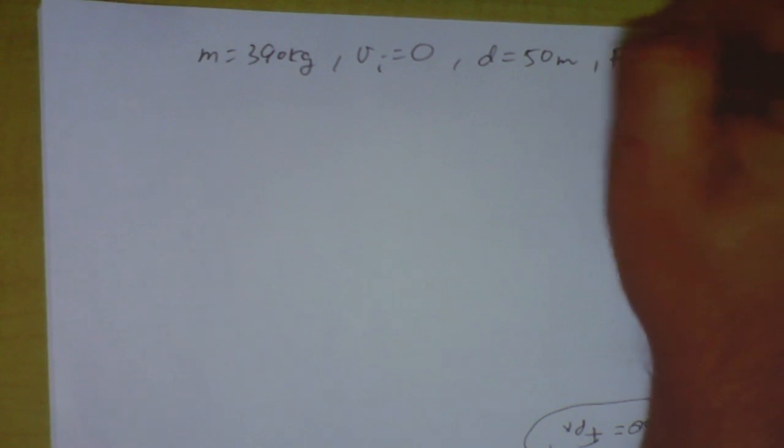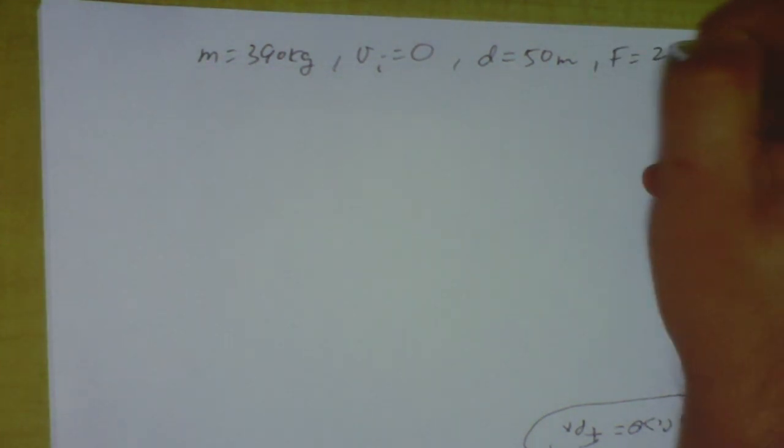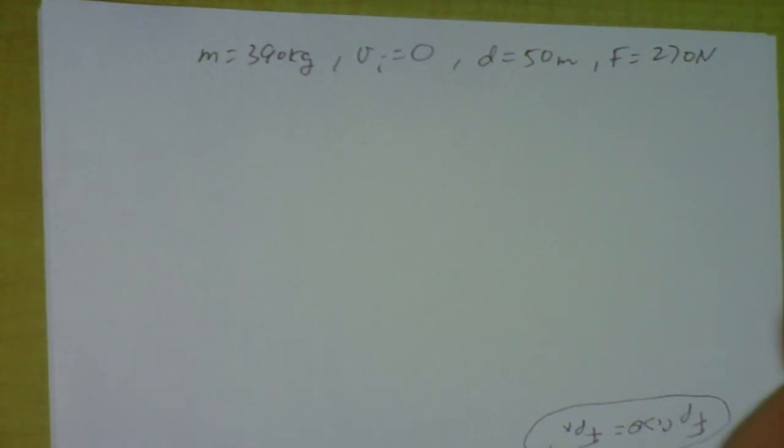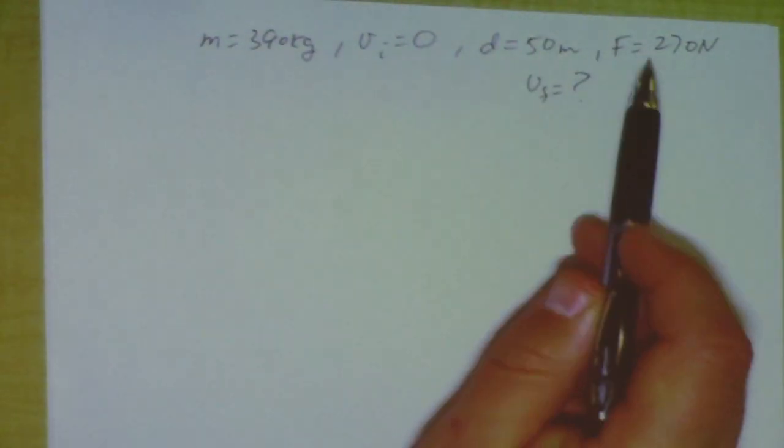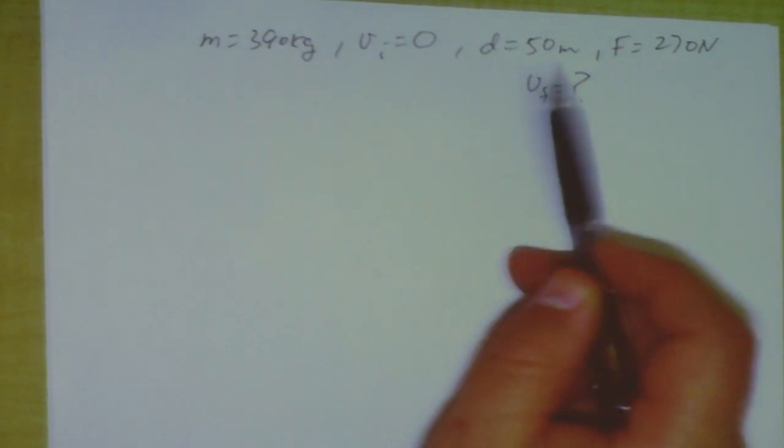We can neglect friction. Here's their force. And what's the sled speed after we've gone 50 meters? We don't know that. So we have mass, velocity, force, and this displacement that we've gone through.